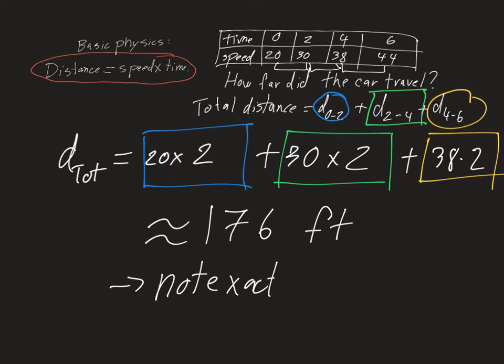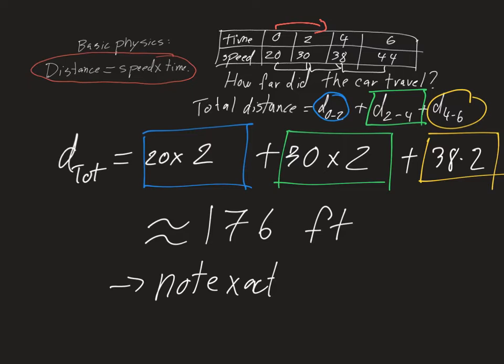And the reason why this is not exact is that these measurements that we have of the speed are given to us at specific moments. So we know that the speed at exactly time 0 was 20, at exactly time 2 was 30, etc. But the speed is going to be changing in between each of these.